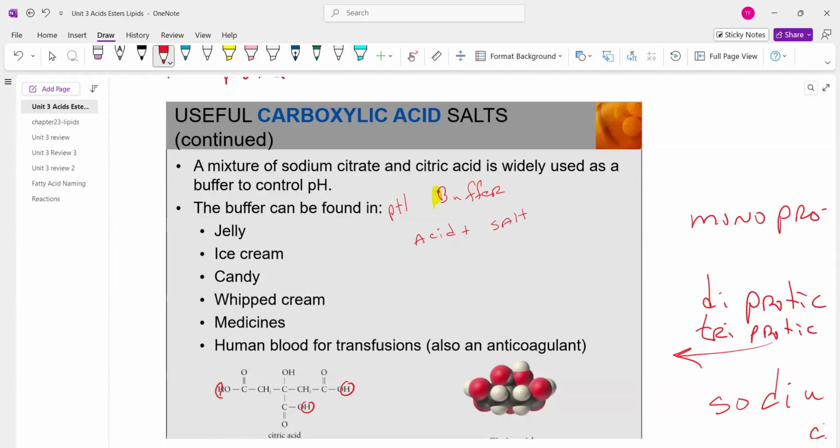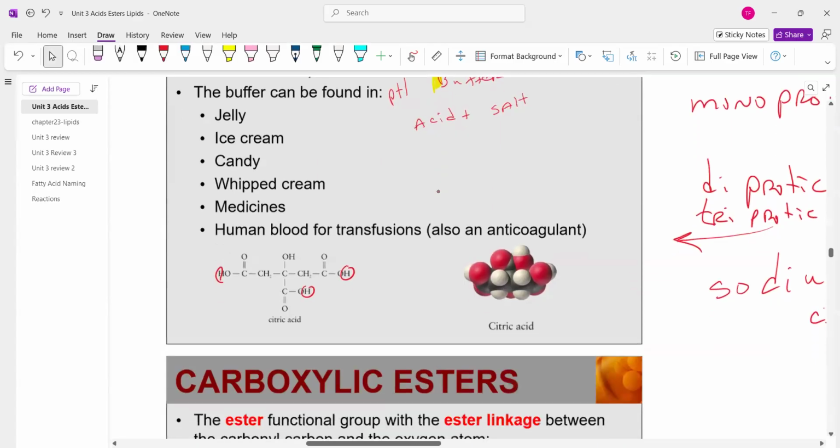For example, sodium citrate and citric acid together make a buffer. To determine the pH of your buffer, you look at the equilibrium constants of all the weak acids and choose one that's appropriate for the pH you want to buffer the solution to. Citric acid is frequently used as a buffer.